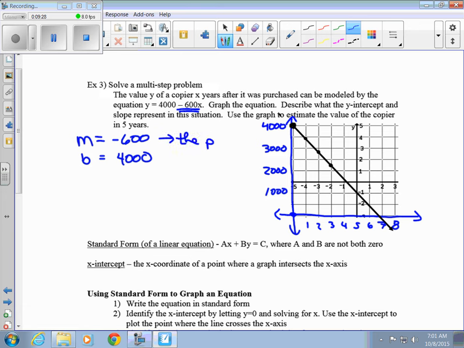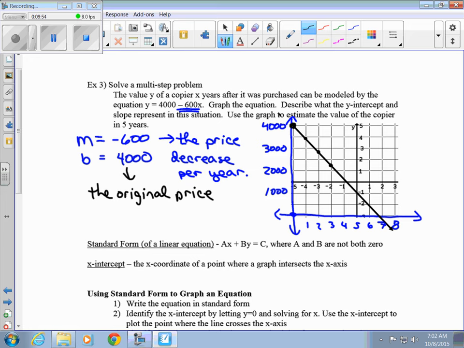So it's the price decrease per year. So how much less does the copier cost every year? And then the y-intercept is telling us the starting value. So the original price of the copy machine.